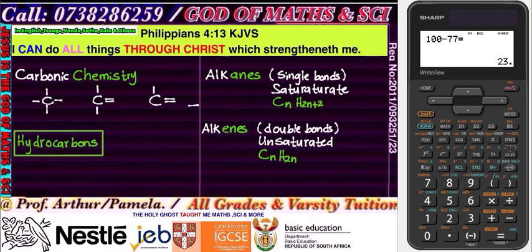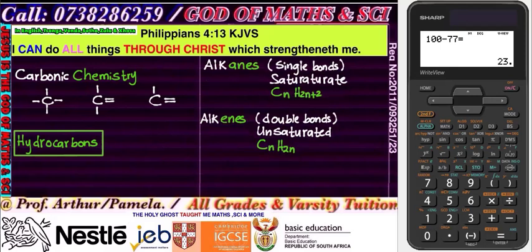Then you had triple bonds, which is alkyne. So you've got alk with a Y, Y N. It was supposed to be I. This one is going to be triple bonds.